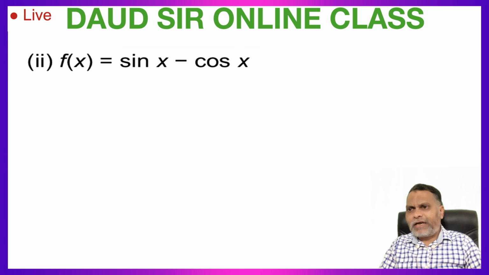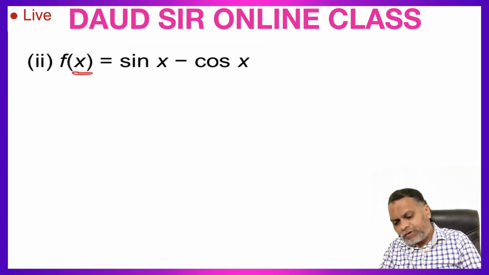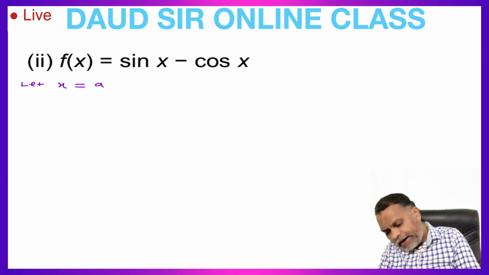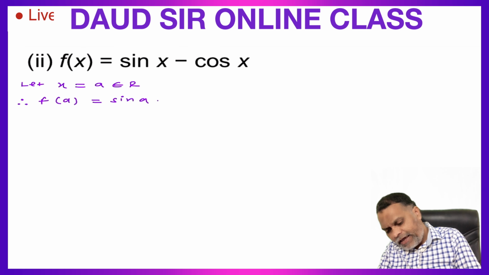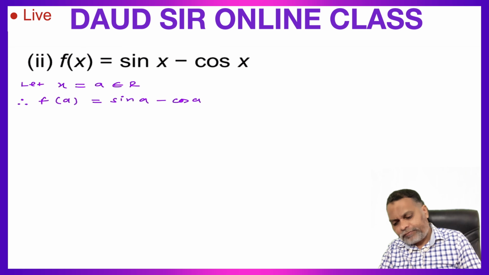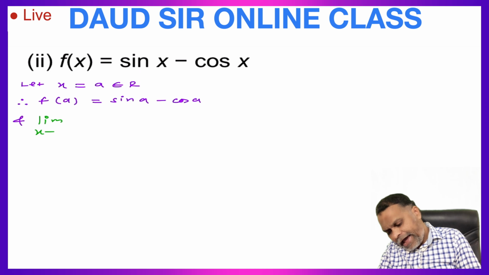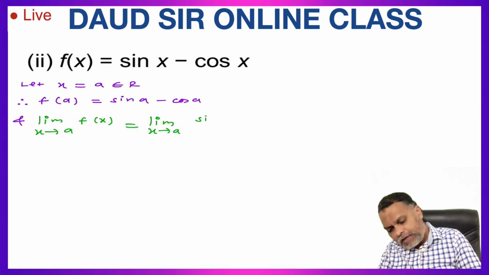Question number 13, part 2nd. f of x is equal to sin x minus cos x. Consider one point. We have to discuss the continuity. Let x is equal to a and a belongs to real number. Therefore, f of a is equal to sin a minus cos a, and limit x tends to a, f of x is equal to limit x tends to a, sin x minus cos x.